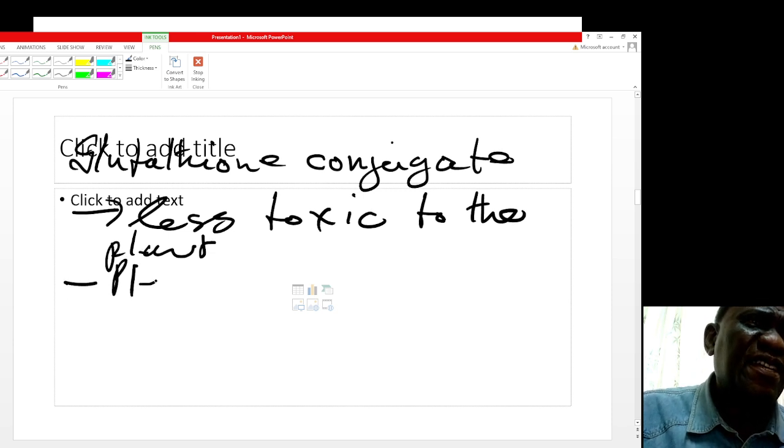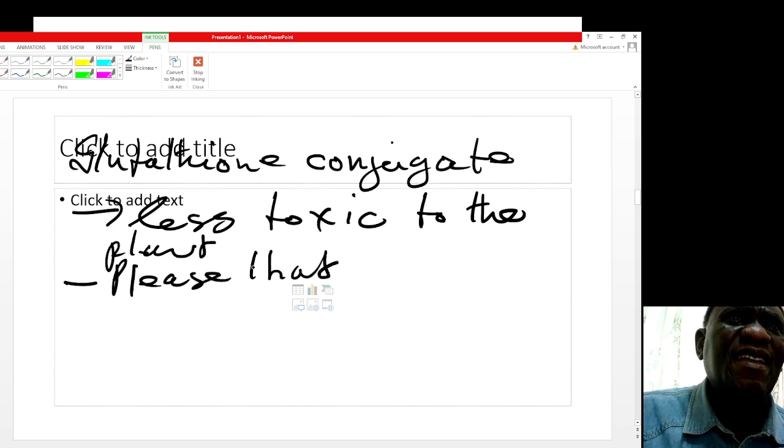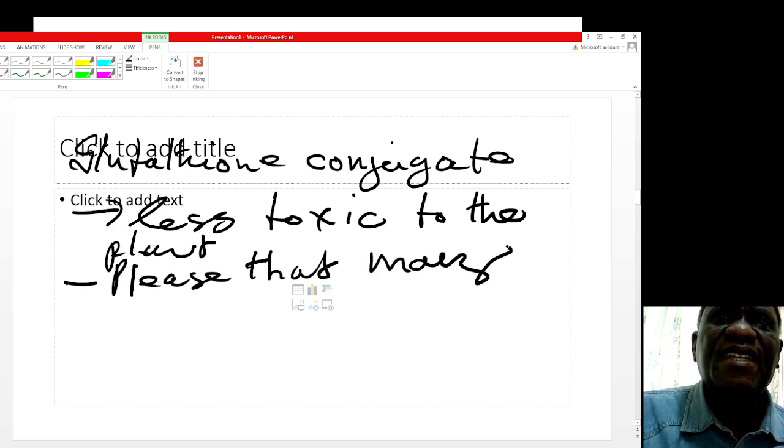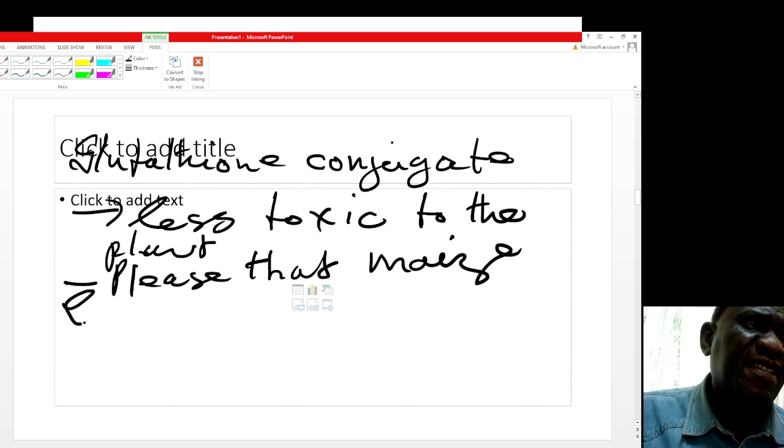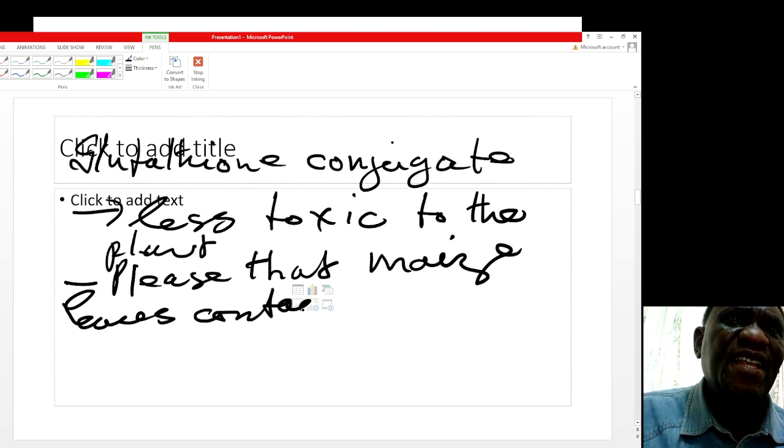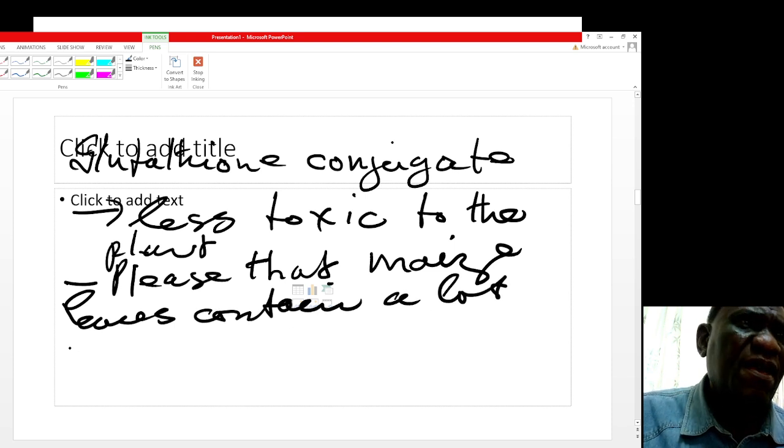Please note that maize leaves contain a lot of glutathione.